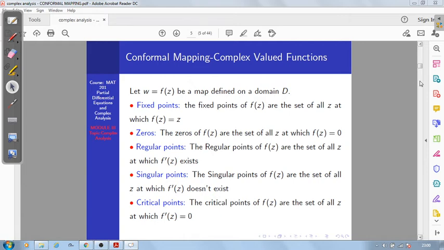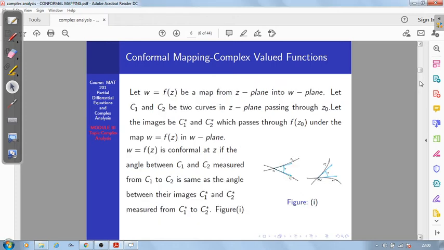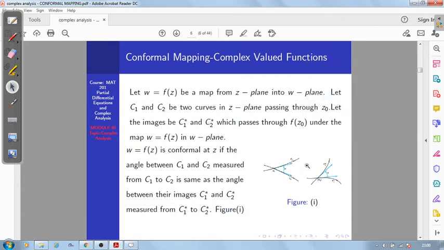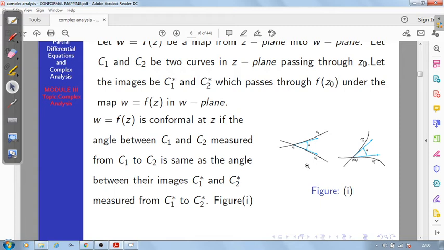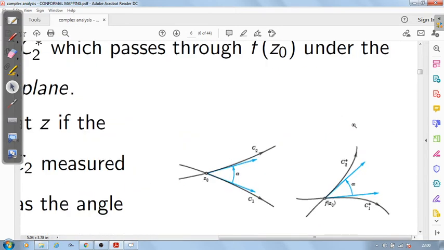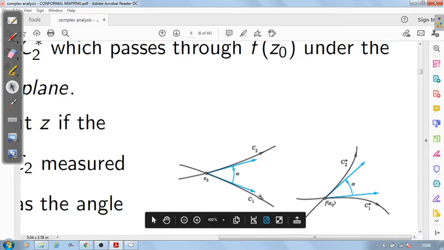So a function is said to be conformal at a point if it is angle preserving at that point. So suppose w equal to f of z is a function, and suppose that z0 is a point in the z plane, and C1 and C2 are two curves that pass through z0.